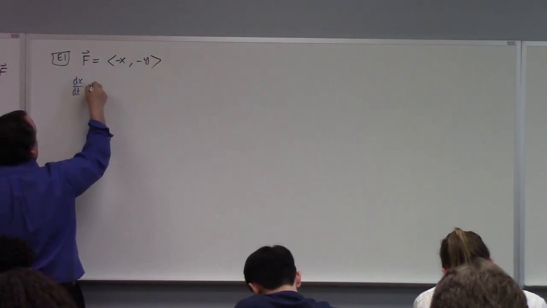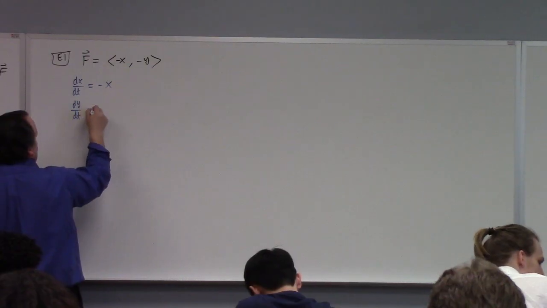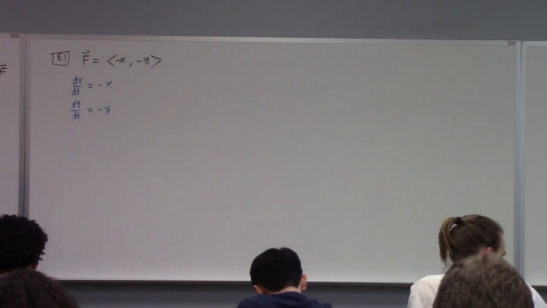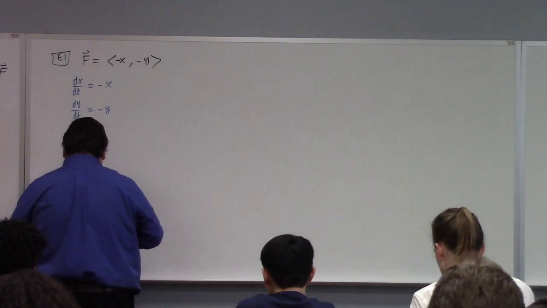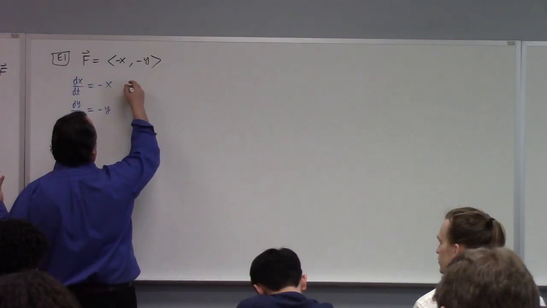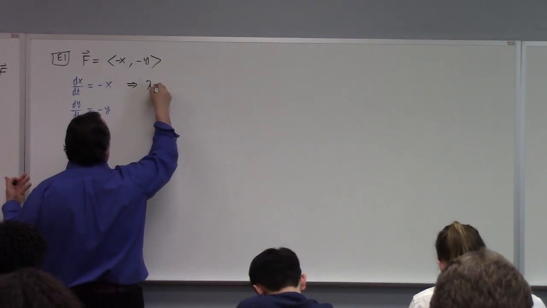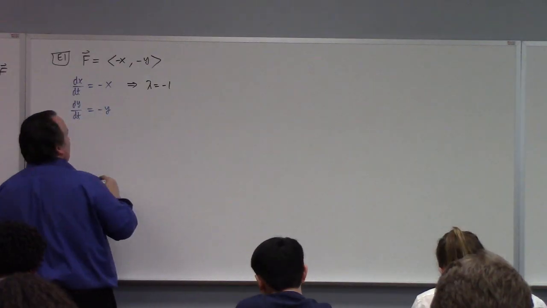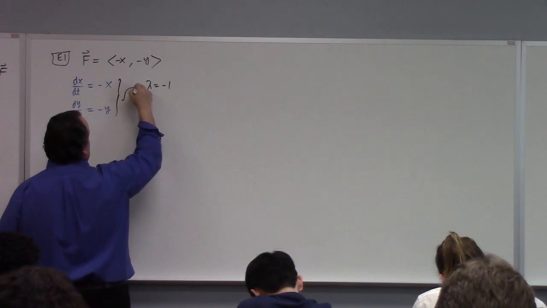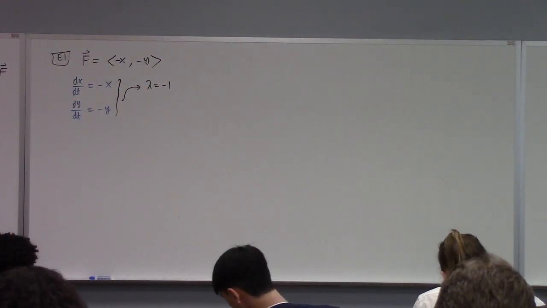This is dx/dt equals minus x, dy/dt equals minus y, right? So if I integrate, this tells me what? I mean, use separation of variables, use whatever method you want to use. Lambda equals minus 1 apparently, right? Both of these are just lambda equals minus 1 if you think of it as a constant coefficient problem.